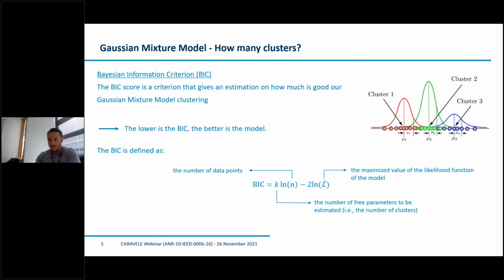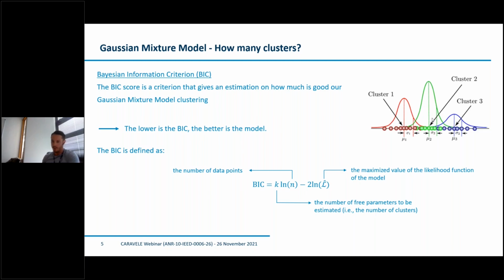So here is an example based on a one-dimensional dataset. The dataset is decomposed into, for example, three clusters. Each cluster has its own Gaussian distribution. A Gaussian mixture model requires setting as input the number of clusters into which we want to decompose our dataset.